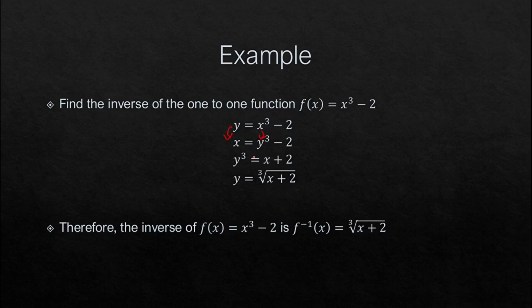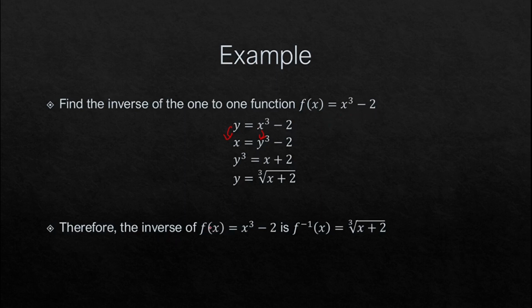Then we're going to reformat it into y is equals to a function of x. So, y cube is equals to x plus 2. Y is equals to the cube root of x plus 2. So this is the new function, which is the inverse of x cube minus 2.